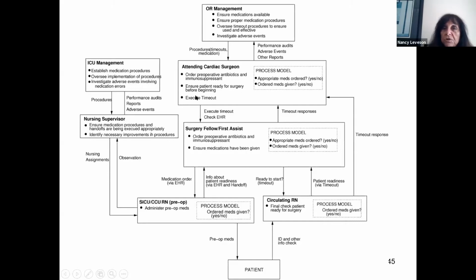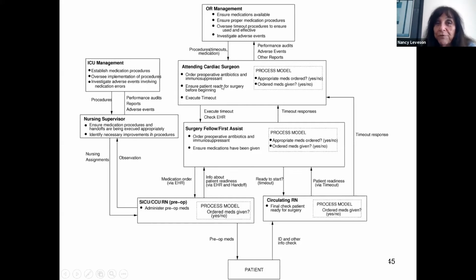We have a surgeon above here who also is responsible for ordering antibiotics and immunosuppressant. When you see this, multiple people responsible for the same thing, a red flag should wave.